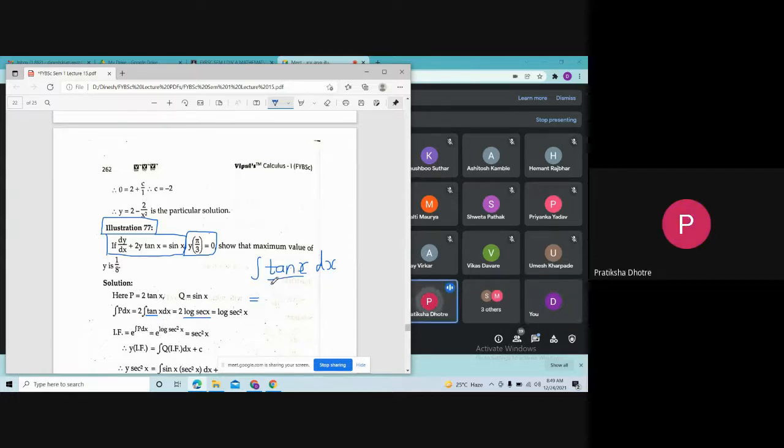So sin x upon cos x. What is the derivative of the denominator? Sir, minus sin x. So what will we do? Sir, adjustment of the minus, right? Now I am having the derivative of the denominator in the numerator. So what is the answer? Sir, minus log cos x.